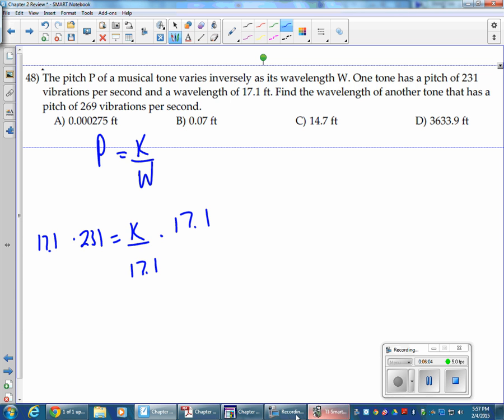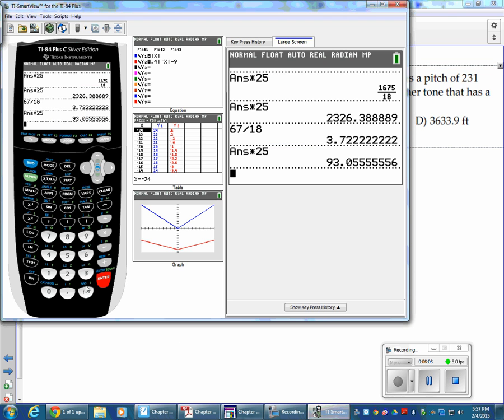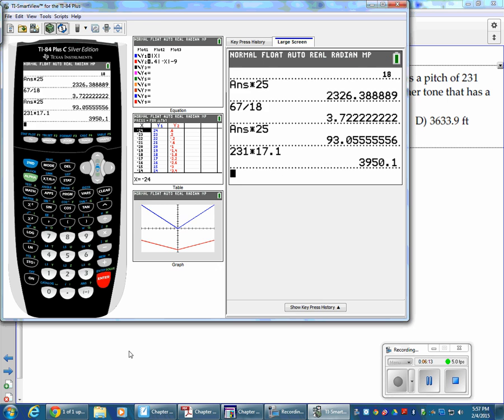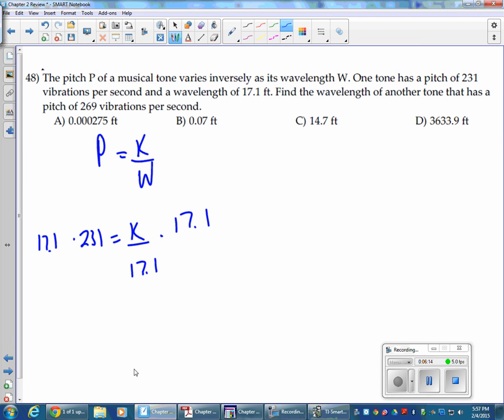K would be 231 times 17.1, which gives me a value of k of 3,950.1. So it says find the wavelength of another tone that has a pitch of 269 vibrations per second. So the P would be 269, the K is 3950.1, and we need to find the W.